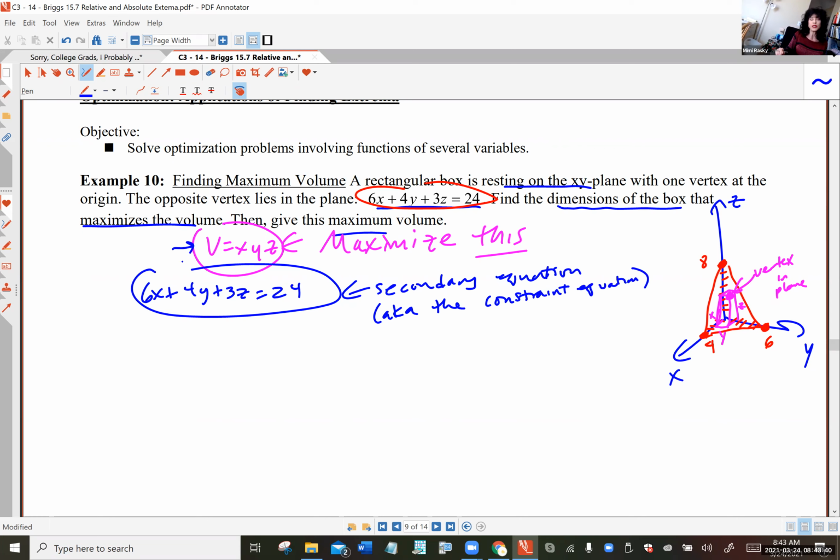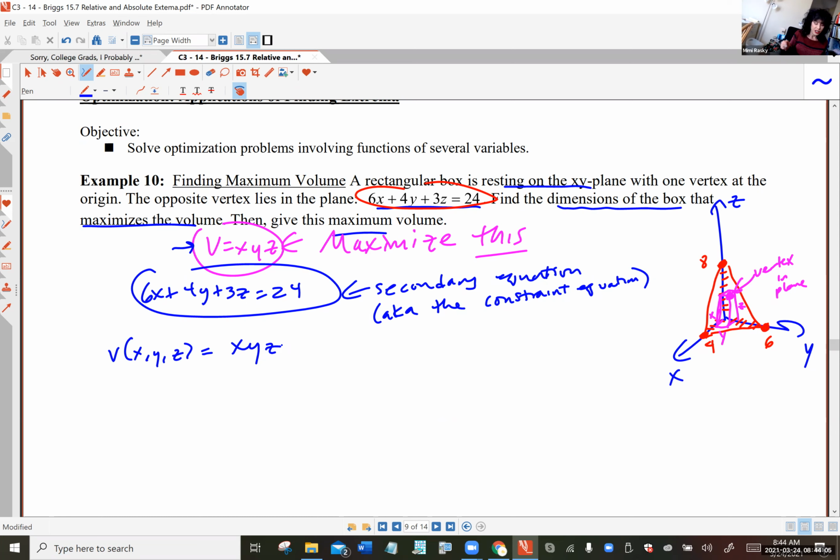Now, the problem with the volume formula right now is that it shows us the volume is really a function of 3 variables. But what we've learned in this last week is how to find extrema for functions of 2 variables only. So we're kind of stuck right now. I can't find extrema for a function of 3 variables.